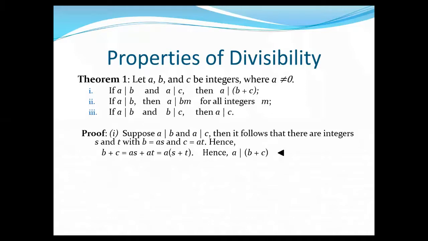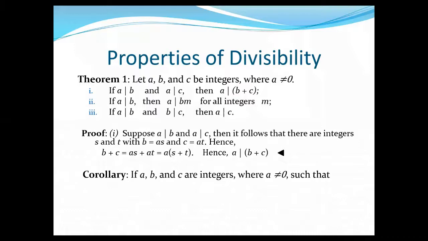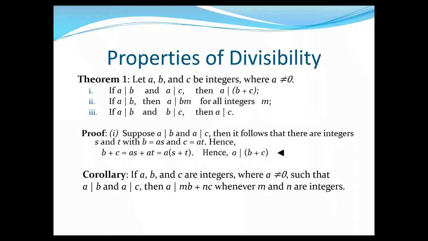So based on theorem number 1, we have a corollary. If A, B, and C are integers where A is not equal to 0, such that, by the way, a corollary is an extended version of the theorem. So this is based on theorem number 1. A divides B, A divides C, then A divides MB plus NC whenever M and N are integers.